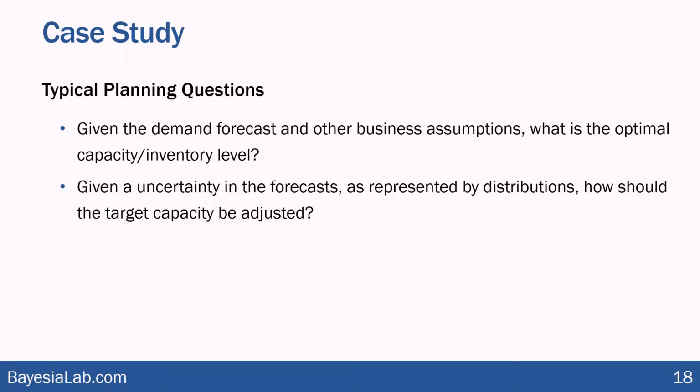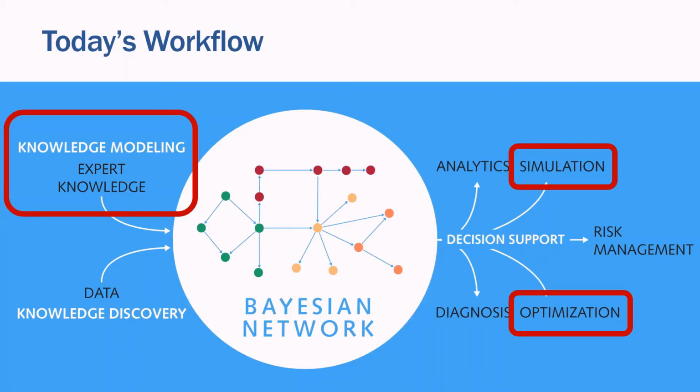And given any uncertainty in forecasts that we capture in distributions, how should the target capacity be adjusted? How does the uncertainty that we have in forecasts, how do we reflect that, and what is the optimal capacity for planning purposes? So this is what we're going to do. We will model our knowledge, we'll model our business case, which is really a type of expert knowledge modeling.